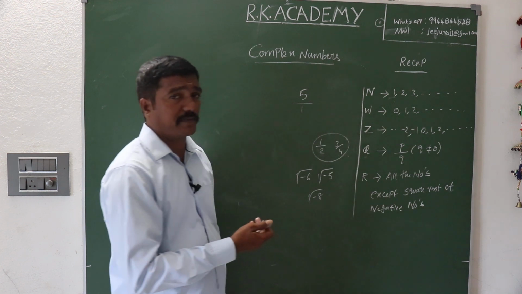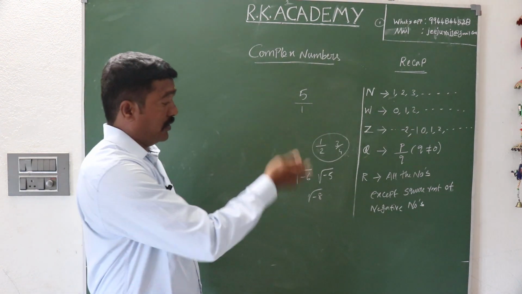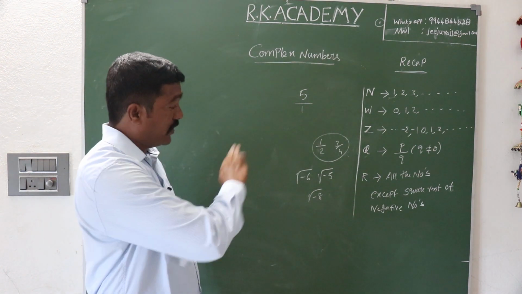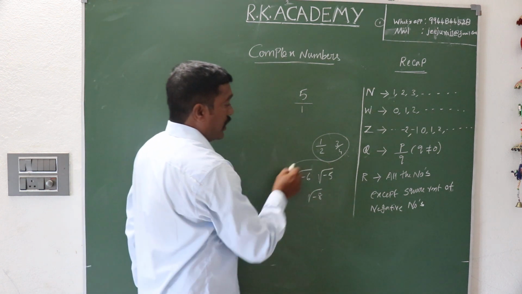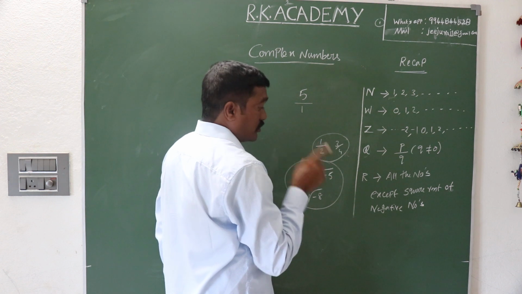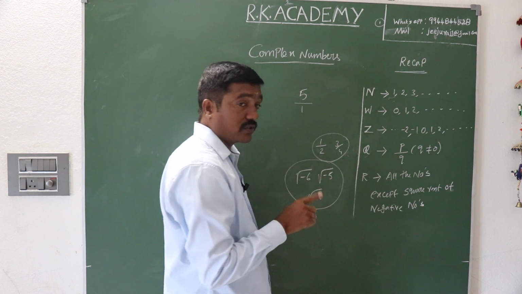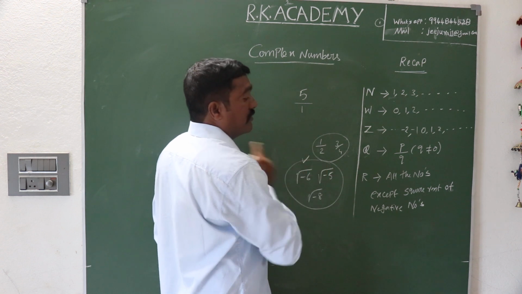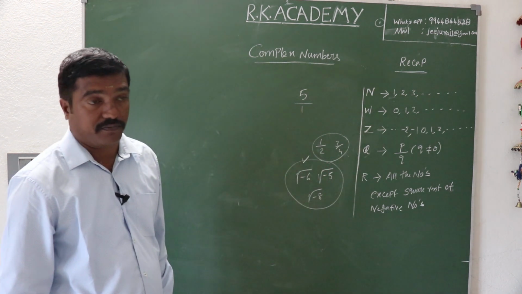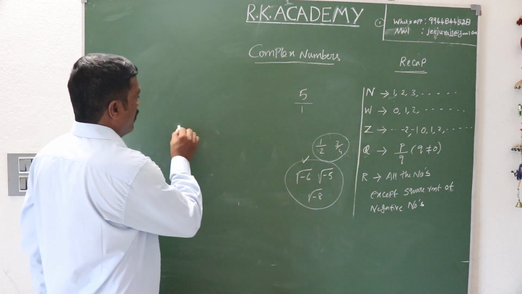Up to 10th standard, we do not see these types of numbers. So all the numbers except square roots of negative numbers are called the real number system.